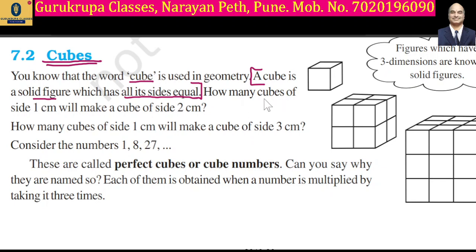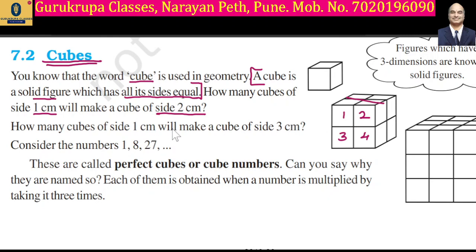Now, how many cubes of side 1 centimeter will make a cube of side 2 centimeters? So we go from the cube of side 1 centimeter to the cube of side 2 centimeters. Here we can observe that 4 cubes are there, and another 4 cubes we see over here.